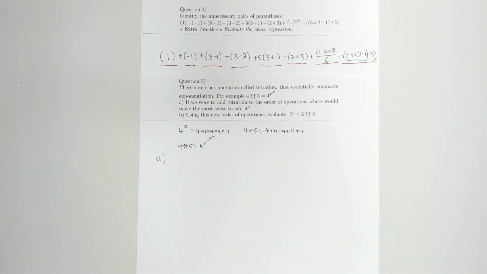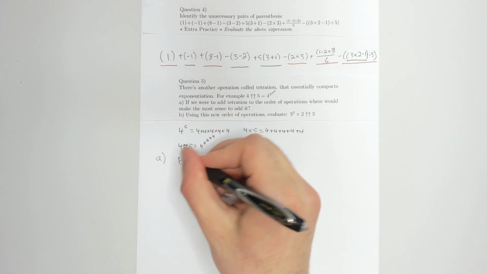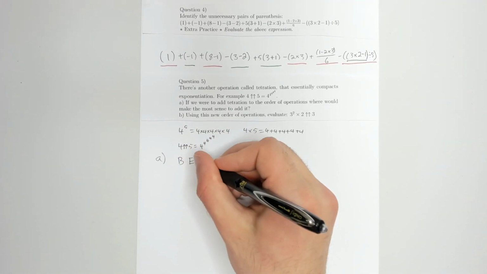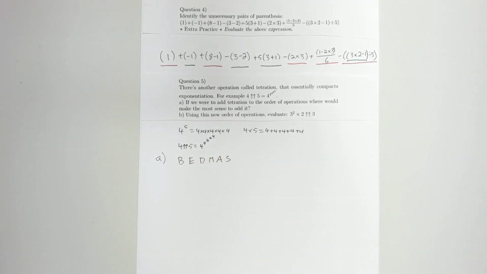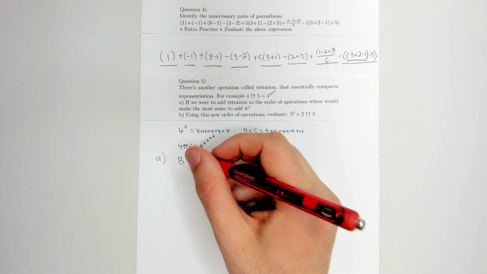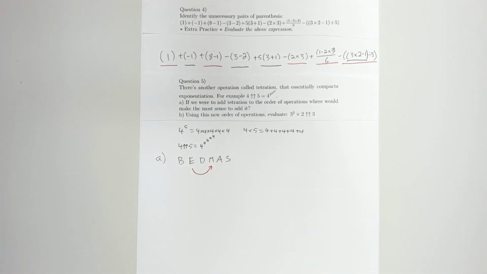So for part A, it says, if we were to add tetration to the order of operations, where would make the most sense to add it? Okay, so for this, we need to really think back to why we did the order of operations in the way we did it. In particular, we saw that exponentiation came before multiplication, since exponentiation was essentially compacted multiplication.